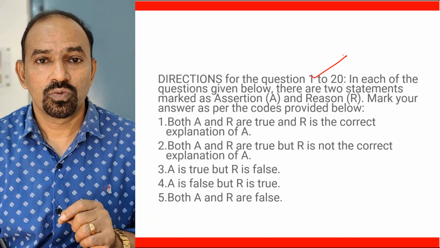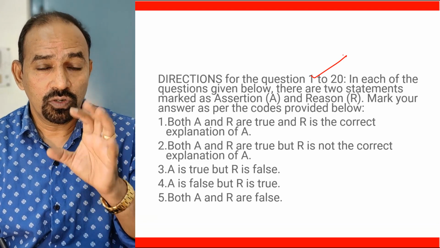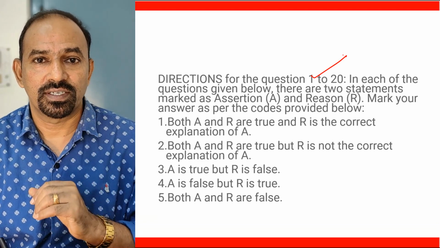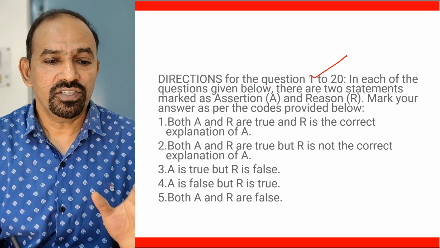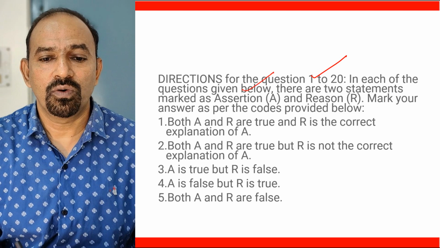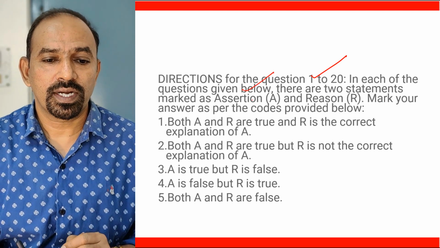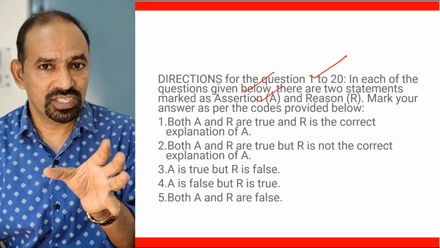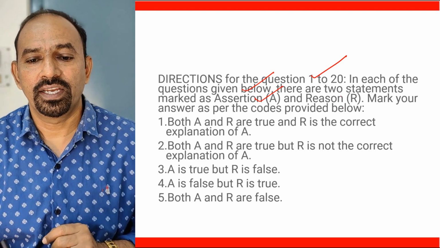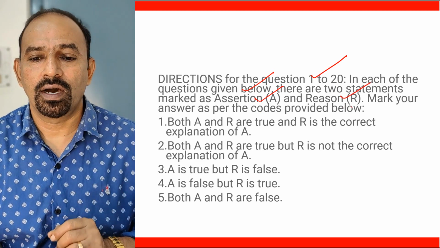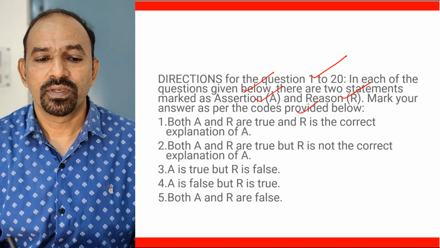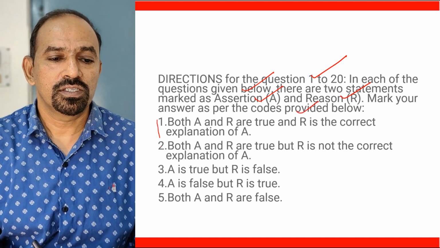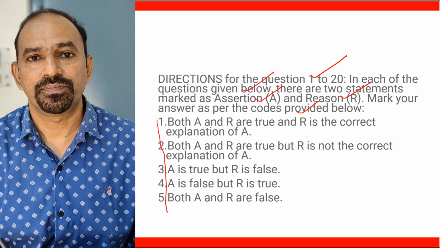Here we are going to take 20 questions from your first lesson from the textbook Flamingo. In each of these questions given below, there are 2 statements marked as assertion, denoted as A, and reason, denoted as R. Mark your answer as per the codes provided below. So you have to choose these codes for your answers.